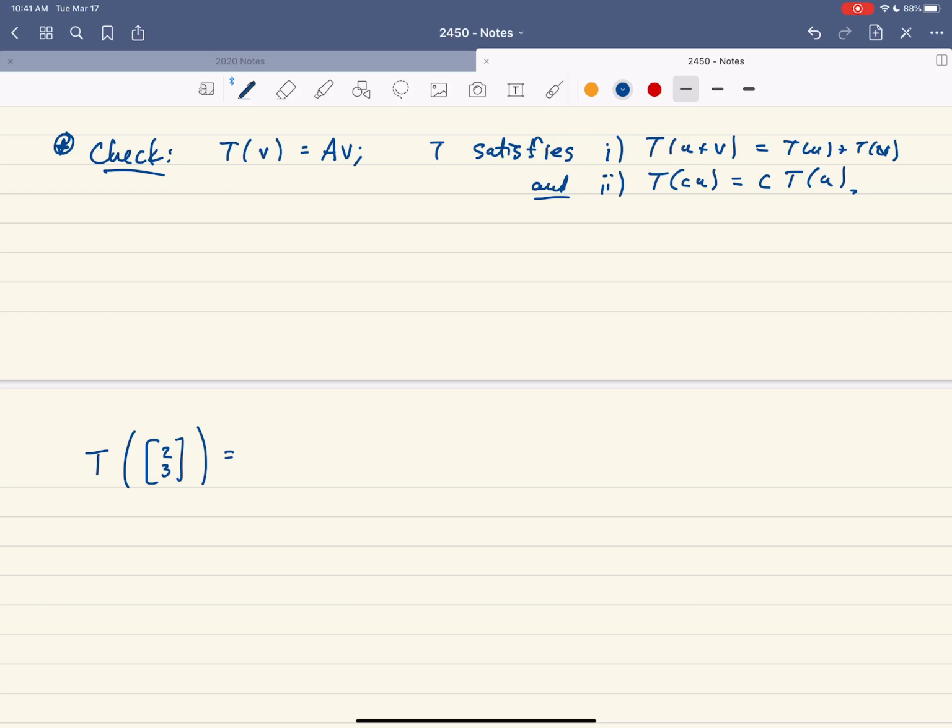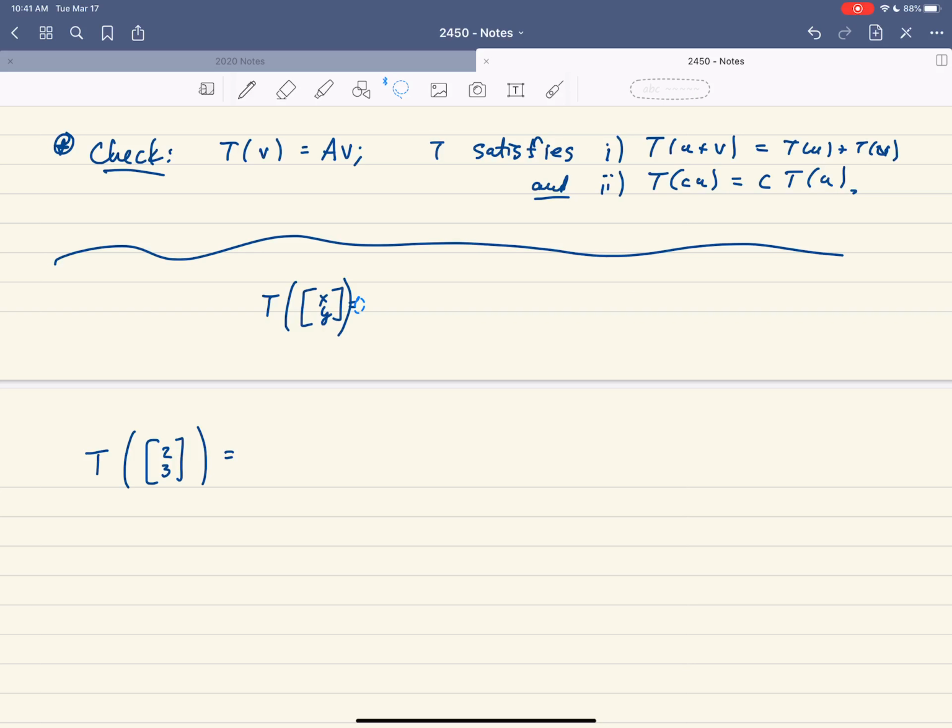Let me rewrite our transformation: T of (x, y) is the vector (4x + 3y, x - 2y). So T of (2, 3): if x is 2 and y is 3, we get 8 plus 9, and 2 minus 6.